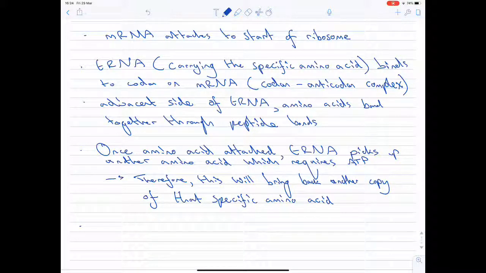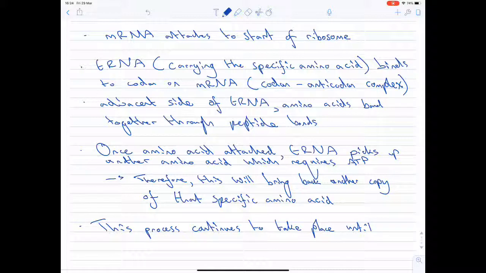So what we need to now say is that this process continues to take place until you basically reach the stop codon on the mRNA. So once you get those 3 bases on the mRNA, that's when protein synthesis will stop, and that's your polypeptide chain complete.